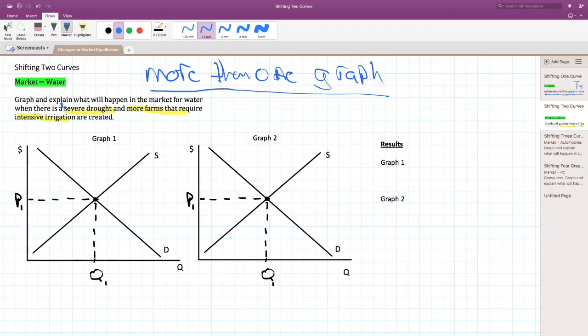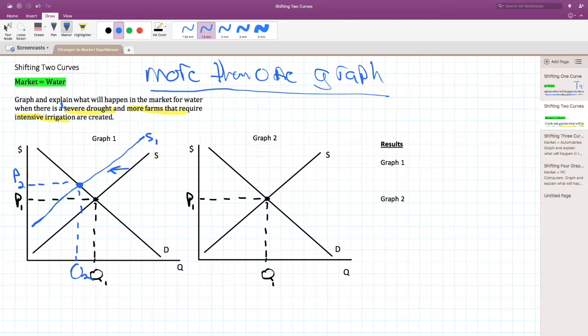There's a severe drought. Well, if there's a severe drought, that's going to be a shift of supply, and it's going to be a shift of supply to the left. We're going to go from S to S1. And the cause here would be nature. Okay? The point where S1 intersects my original demand curve is going to become my new equilibrium price, which I'm going to label P2, and my new equilibrium quantity, which I'm going to label Q2.